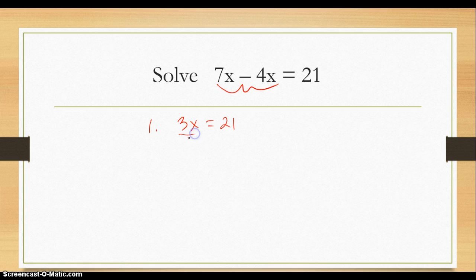Now to get x alone, remember it's 3 times x, so we're going to use the inverse operation, which is division. So x equals 7. To check our work, we could plug it back into the original problem. 7 times 7 is 49, 4 times 7 is 28, and 49 minus 28 is 21. So that checks out.